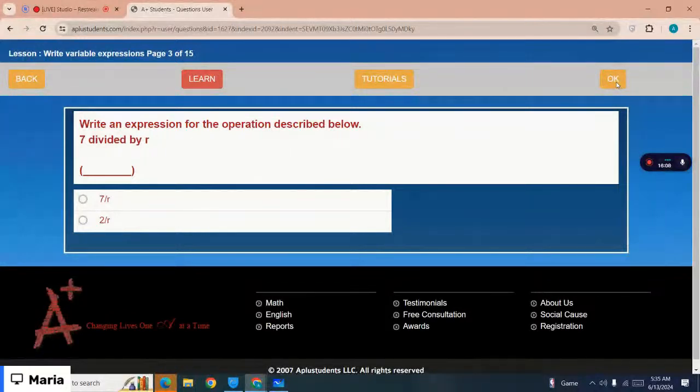Seven divided by R, which is the correct option? The correct option is option number 1. 7 divided by R. Option number 1 is the correct option.